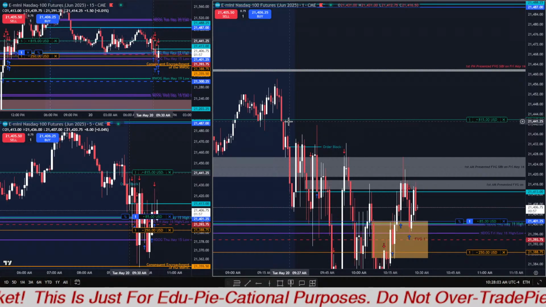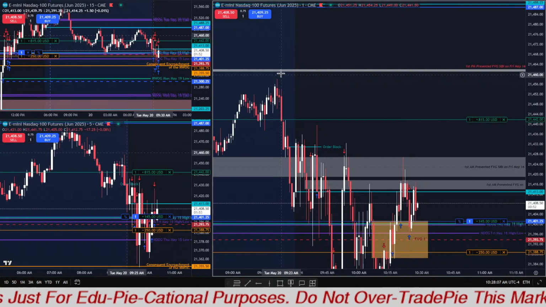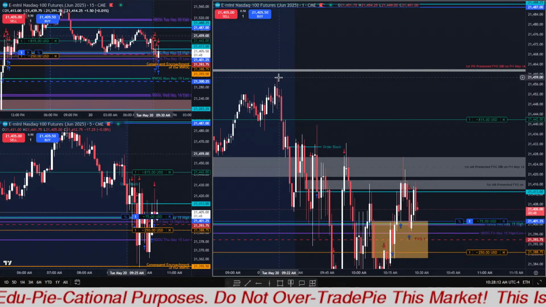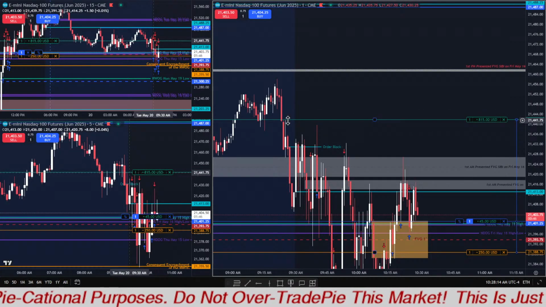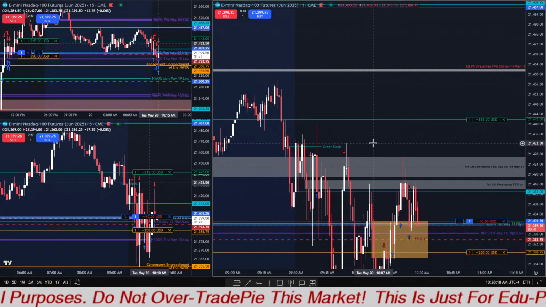So that's why I placed my target over here and not here. It has the ability to go higher, but I don't require that much. I only care about these relative equal highs to be swept.